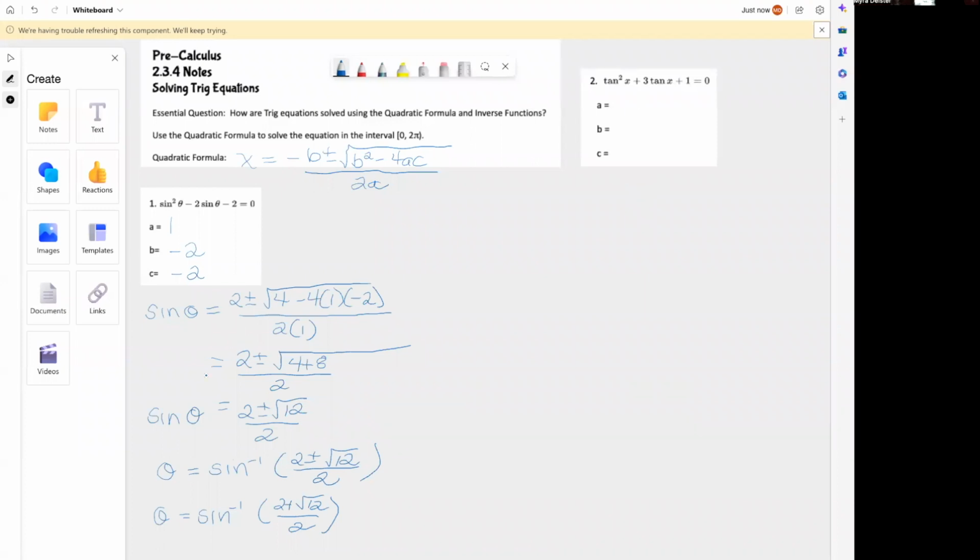So theta equals negative 0.82 rounded to 2 decimal places. However, the directions say up here that it has to be between 0 and 2 pi. Well, this is negative, so it can't be. So we're going to add 2 pi to it.